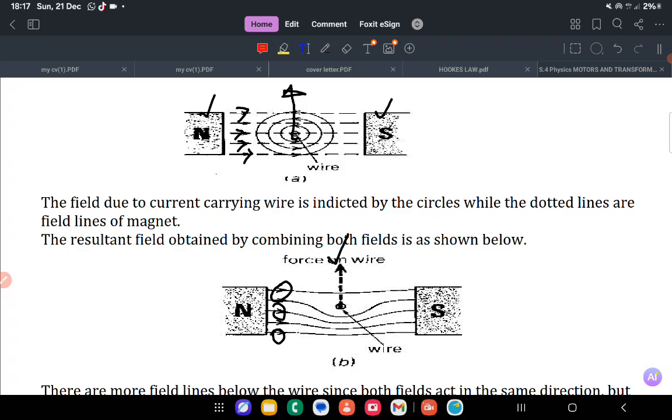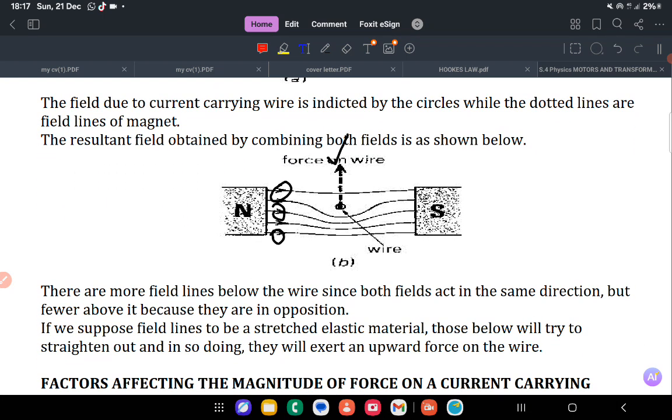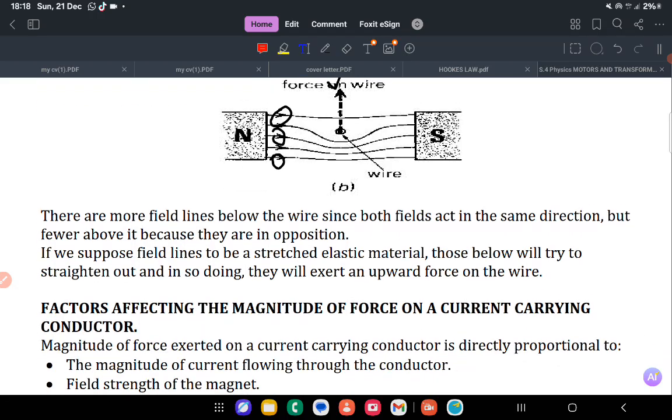So the magnetic force due to the current carrying wire plus the magnetic force due to the two magnets interact with one another. The effect is to produce a resultant force which will cause the wire to move upwards.